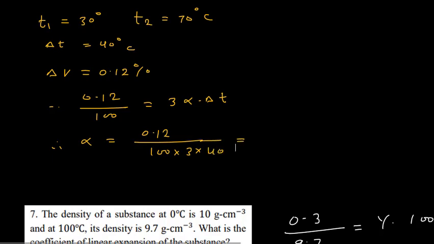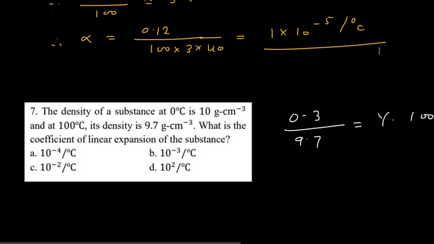So when we calculate, it is 0.00001. So that is 1 into 10 power minus 5. So 1 into 10 power minus 5 per degree Celsius is the answer.